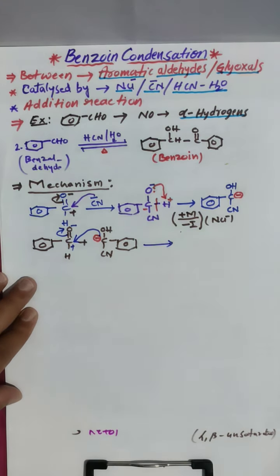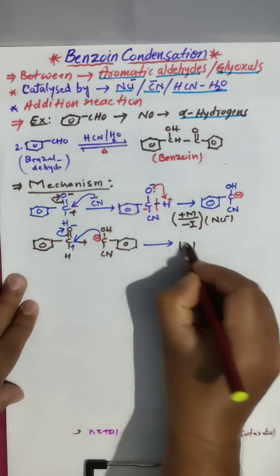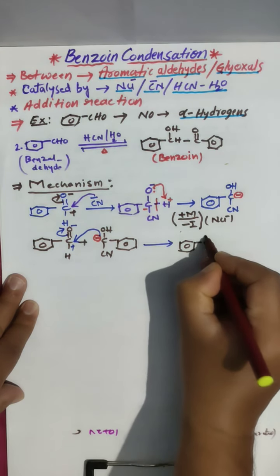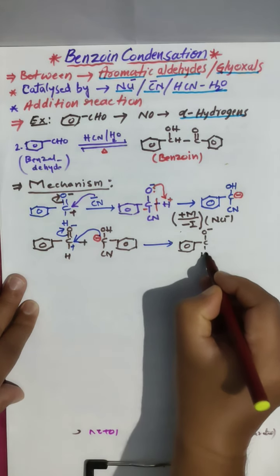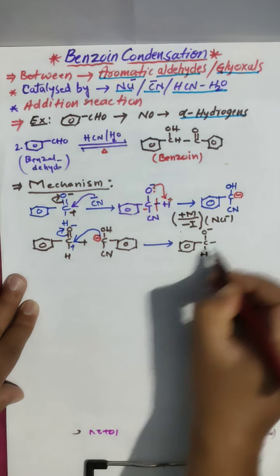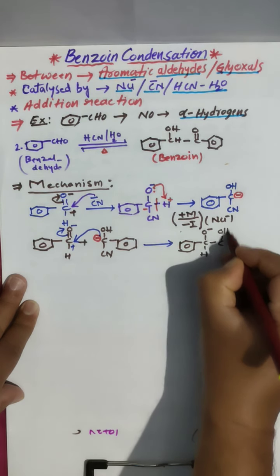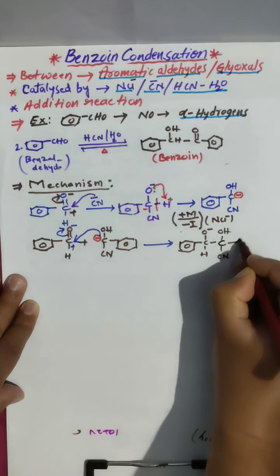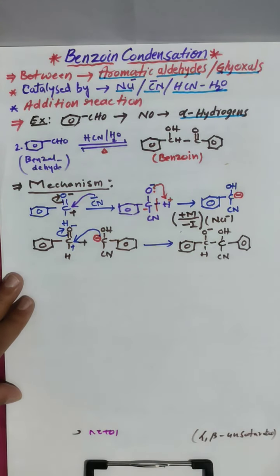Next, you get the intermediate. This is the benzene ring, and we have O minus, and here we have H. This carbon attacks here, and here we have OH, and here we have cyanide, and here the benzene ring. This is the intermediate you are getting.